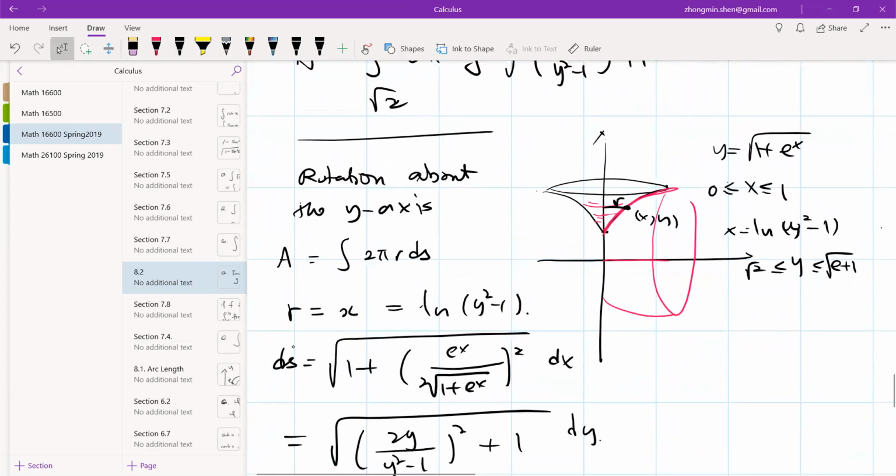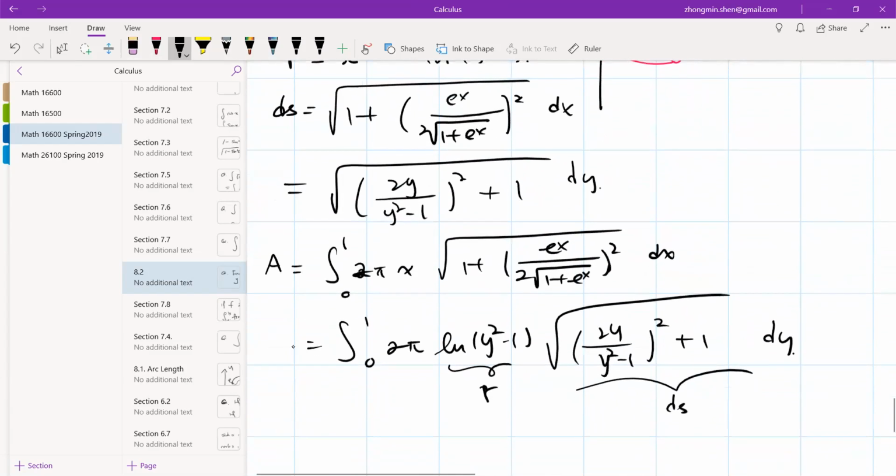But this curve can also be described using the x variable, or using the y variable. Either way, you can use the x variable for the curve, you can use the y variable for the curve, and you can also use another parameter to parameterize this curve, right?